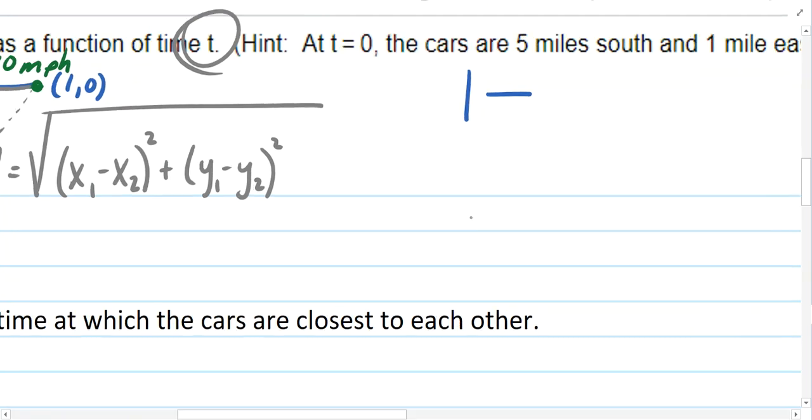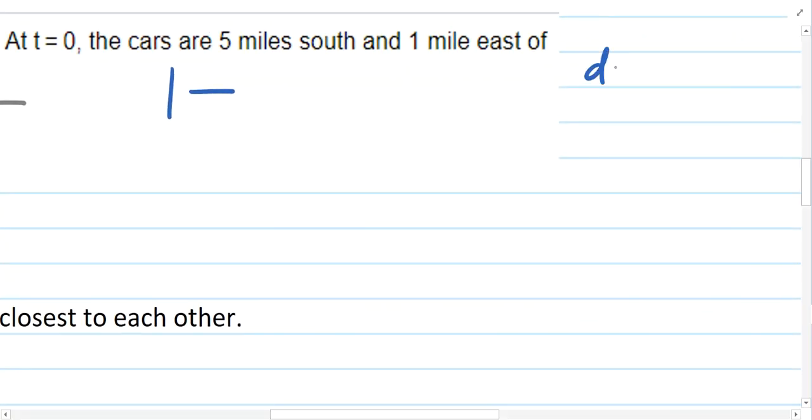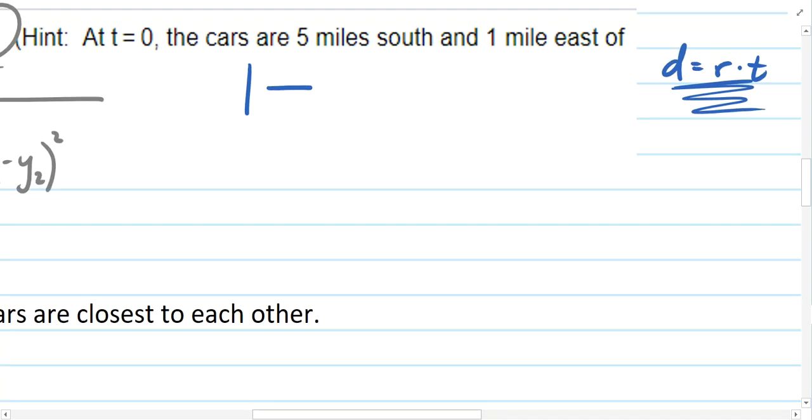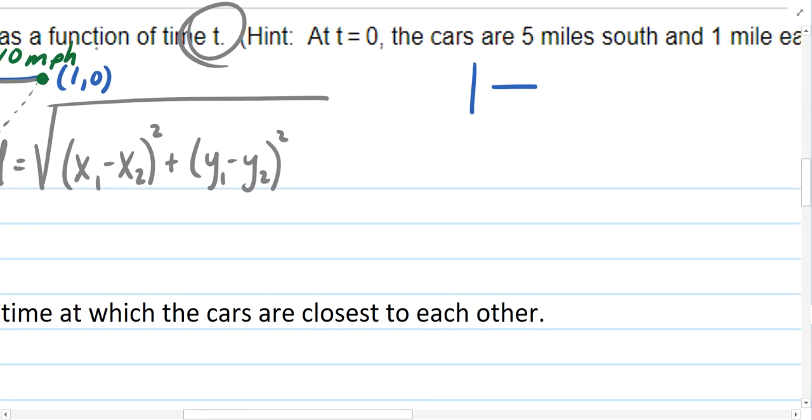And to indicate the distance that an object travels, we would need to multiply that rate times the amount of time that passes. This is an old formula from science class you may have seen before. So in this particular case, this vehicle's distance from the origin is 1 minus 10 miles per hour times t, the time in hours that passes.